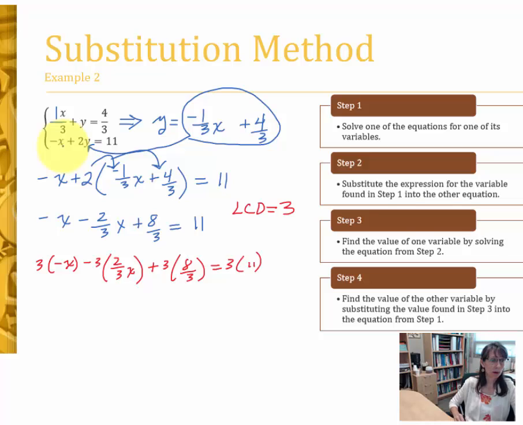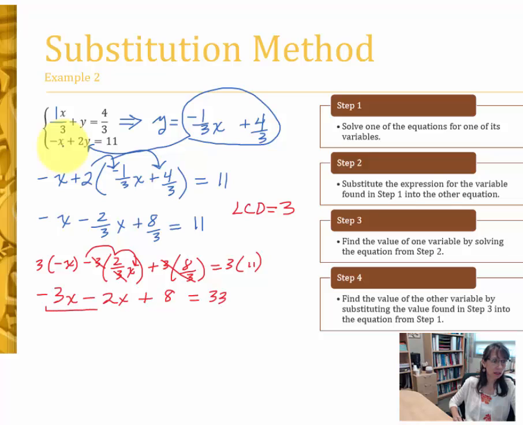This is the multiplication property of equality. So when I multiply 3 times negative x, I'll have negative 3x. And then notice how these 3's are reduced, and I have negative 2 times x. So that's minus 2x. These 3's are reducing, so I am left with positive 8. And last, equals 3 times 11, or 33.